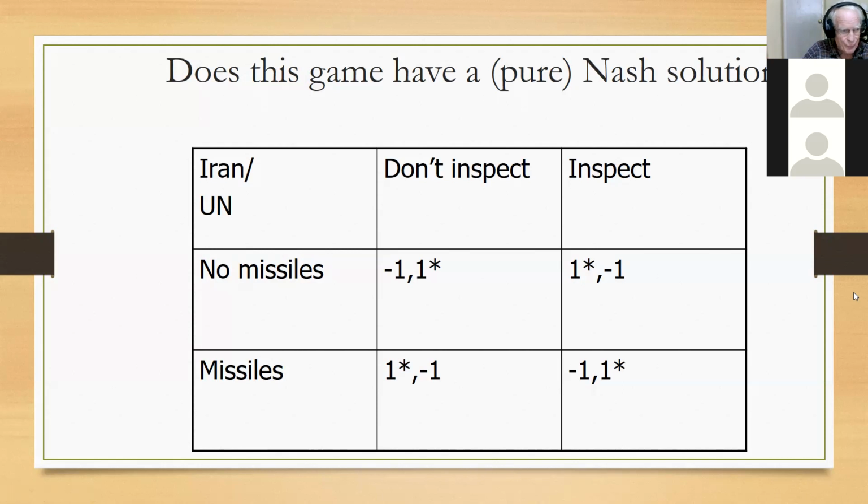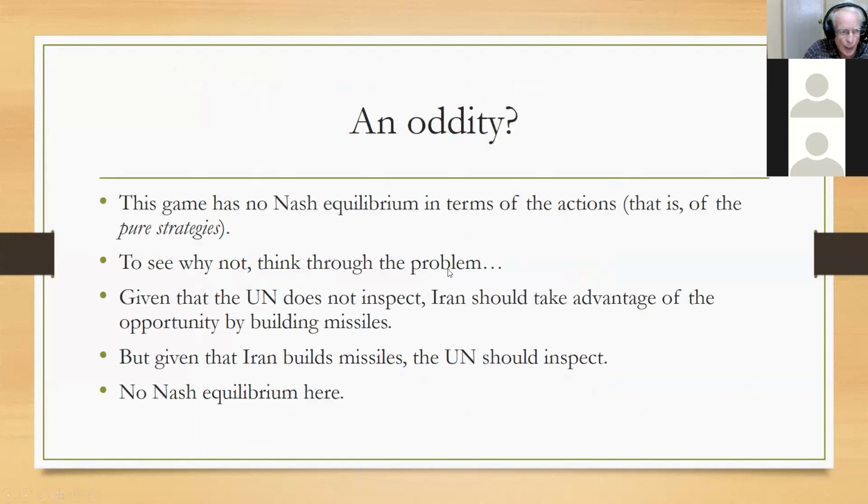So here are the results that we have just analyzed. Had there been a Nash equilibrium, then both payoffs would have had an asterisk. There is a summary of our analysis so far.